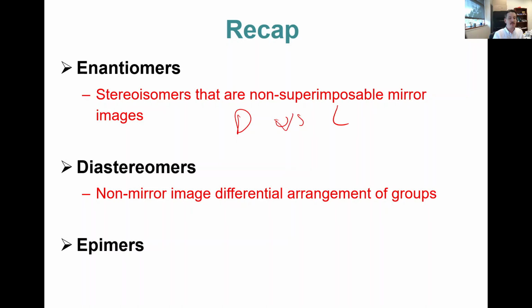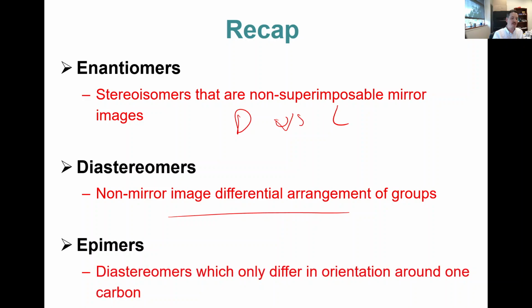Whereas diastereomers are non-mirror images, not around that chiral center at the penultimate carbon, and these are going to have different physical properties, whereas epimers are differences around one carbon in particular, switching the OH from the left to the right or the right to the left.